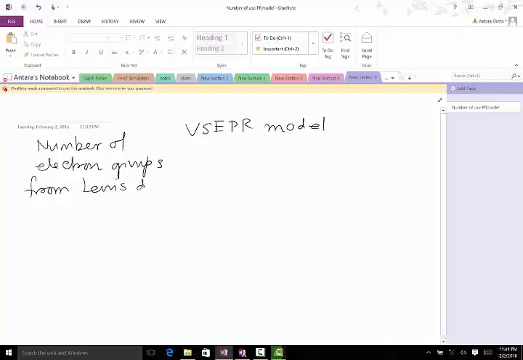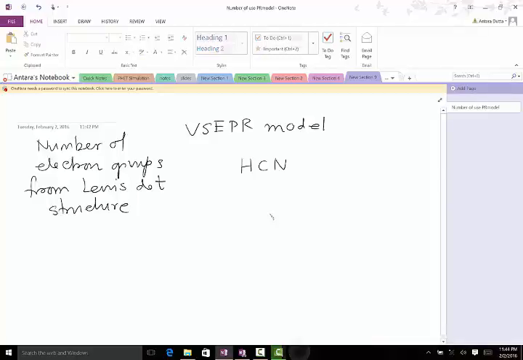When you draw Lewis dot structure, you should be able to find how many electron groups are present surrounding the central atom. So let's say I am drawing HCN, the molecule HCN.